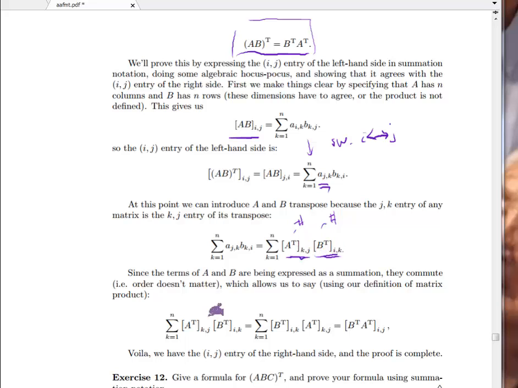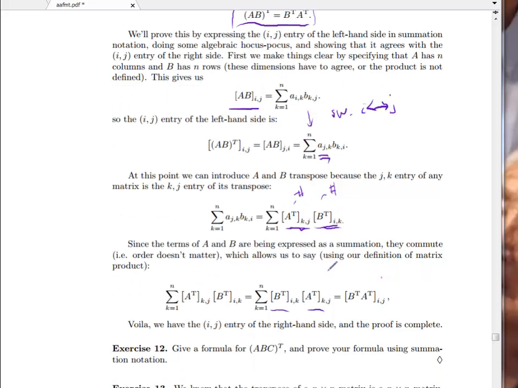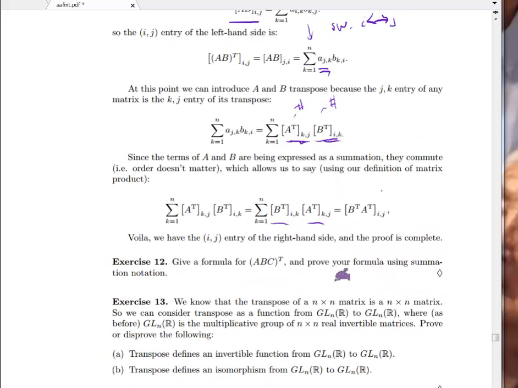If I reverse the order of these two factors within the sum, I now get a summation that looks like a matrix multiplication. And in fact, this result is the ij entry of B transpose times A transpose. Okay, so that's a way to prove transpose identities using summation notation.